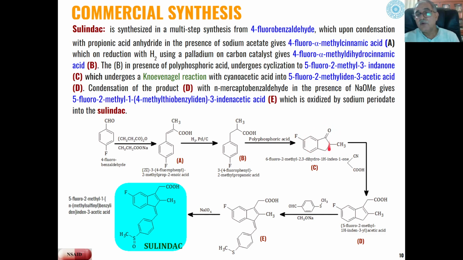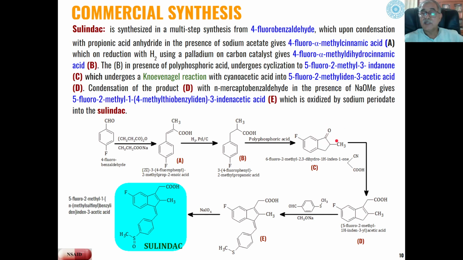And when these indanone derivatives are reacted with cyanoacetic acid, we know cyanoacetic acid is a methylene compound where the protons attached at the methylene group are very acidic in nature, and they will form a carbanion and attack this carbon of the carbonyl.